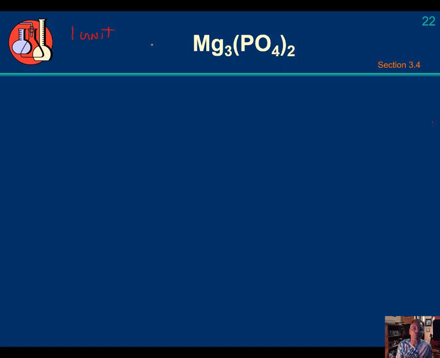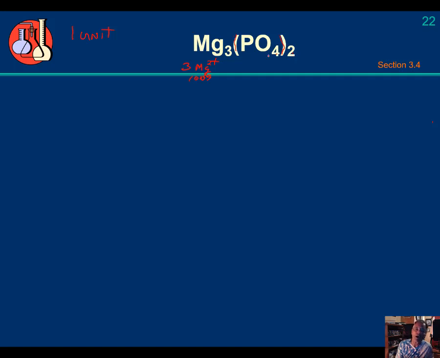And all I have to do is look at the subscripts. So if I have just 1 unit, I have 3 magnesium 2+ ions. These are ions. Now, to figure out how many phosphorus atoms I have, I take the parentheses like we've discussed, and I look at the subscript outside of the parentheses.